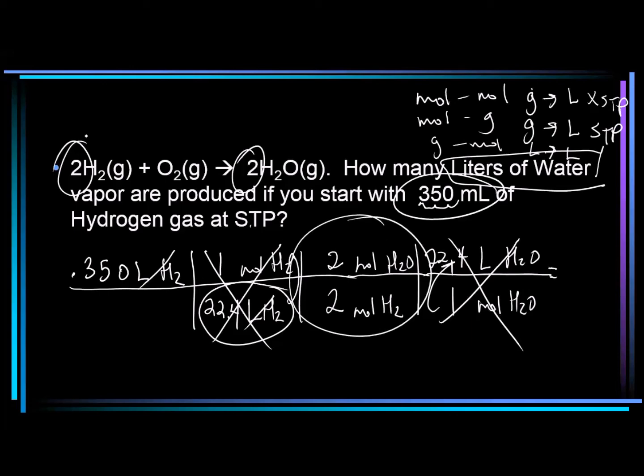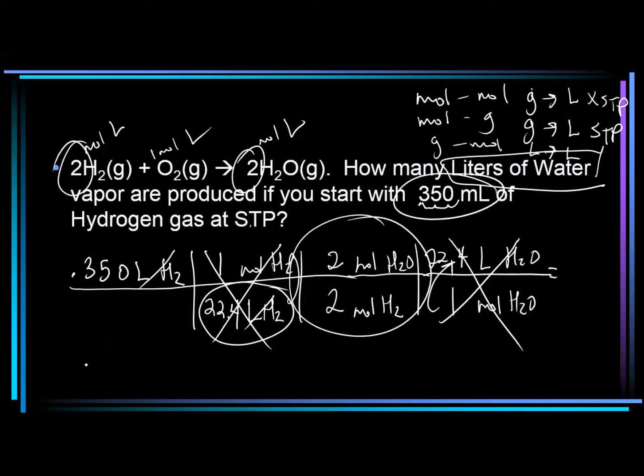That's because you've seen how this ratio is moles, right? 2 moles of this, 1 mole of this, makes 2 moles of this. Well, as long as gases are at the same temperature and pressure, then that means that they can also give you the liter ratio. Yes? So, since they're both 2, doesn't it stay?